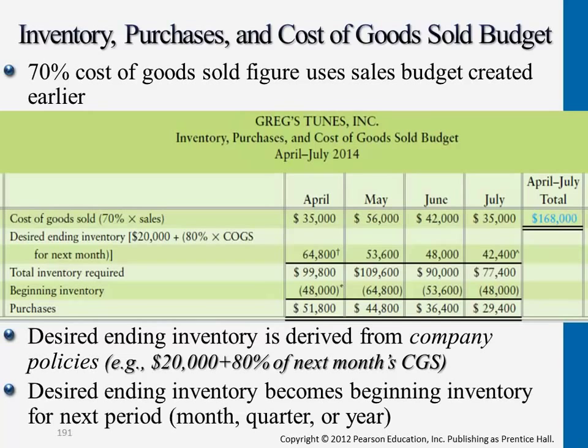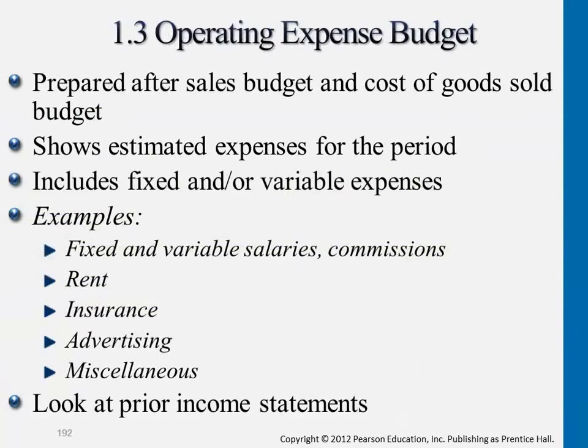Okay, so we talked about sales, we talked about cost of goods sold, ending inventory, and purchases. The last portion before we actually get to the income statement will be all the remaining expenses. So this is only the expense for inventory, right? After gross profit, the remaining expenses relate to utilities, rental, depreciation, right? So all these expenses, we just call them the same category, in one category, the operating expenses budget.